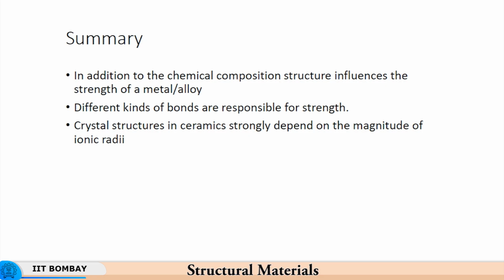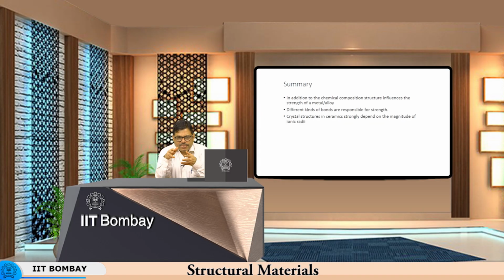And so to summarize, in all, whatever we add to the material in the form of chemical composition determines the strength of the metal or alloy. Either the alloying element dissolves in the parent metal without altering the structure, or forms a compound with it. So basically the structure of the material is responsible for the strength that we observe.